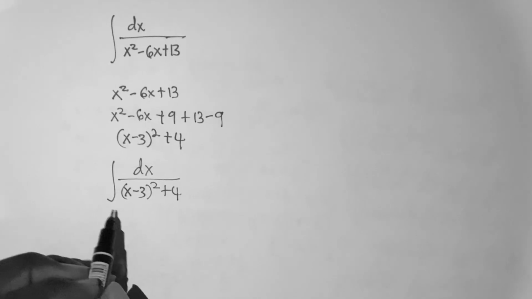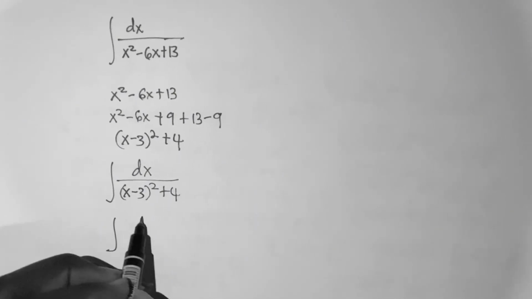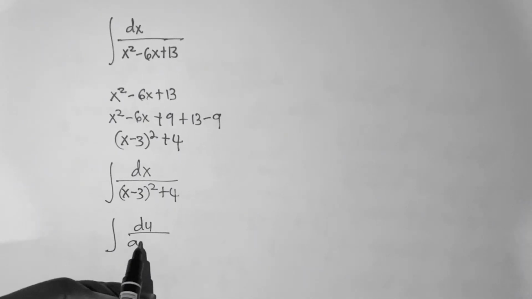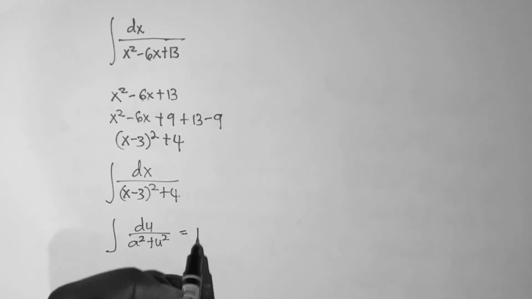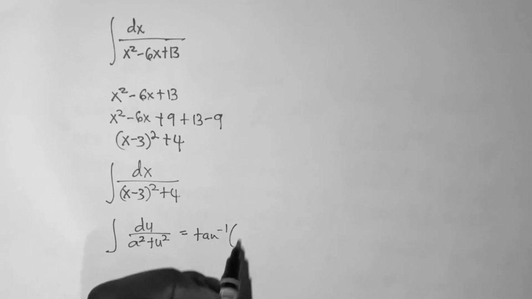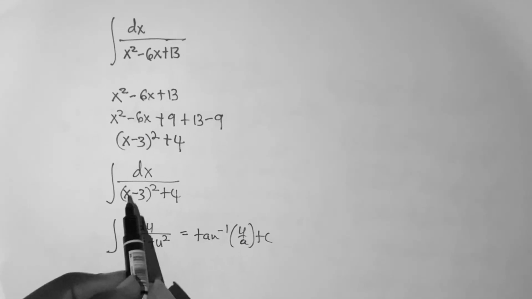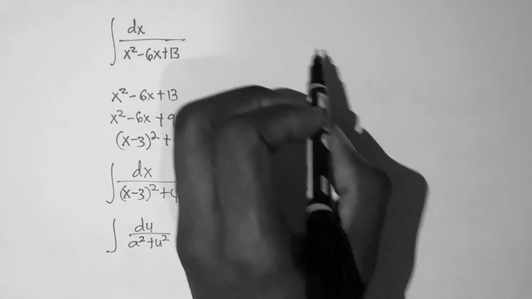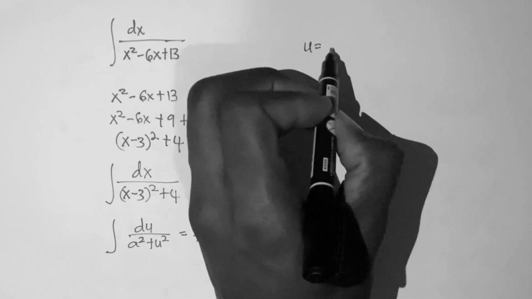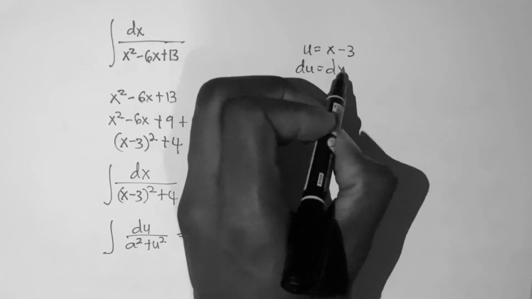You know that the integral of du over a squared plus u squared is equal to tan inverse of u over a plus c. So what it means is that let u be equal to x minus 3. So u is equal to x minus 3, so du is equal to dx.